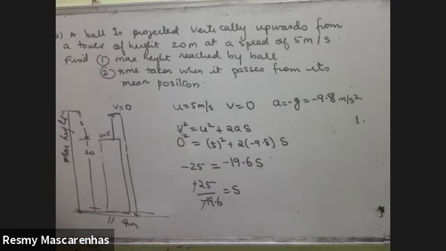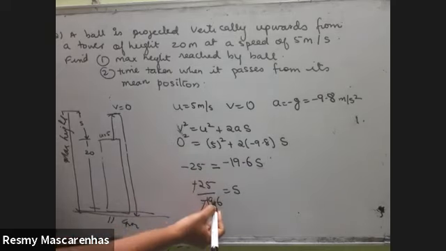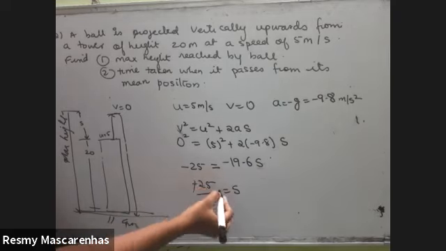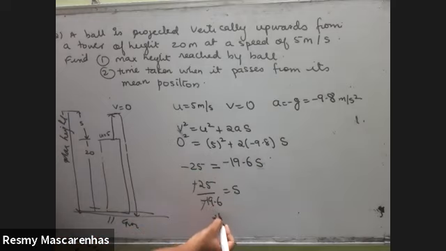Calculate 25 divided by 19.6. If you want to calculate it normally, I'm removing the decimal point on this side, so I have to shift the point here also, one point. So it will be 250 upon 196, one point this side, one point this side. And then you can calculate. It's 250 divided by 196.